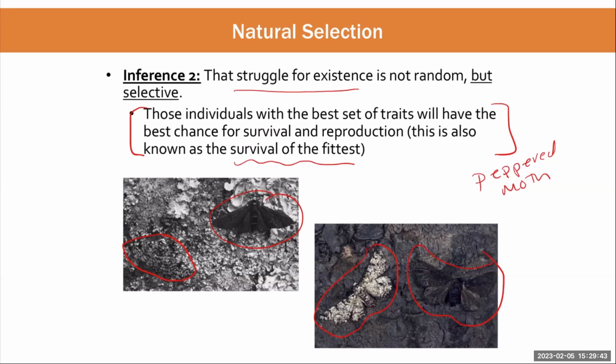And a naturalist at the time noted that he had caught this black morph, which at that time had been very rare. So most of the population was this lighter colored morph, which constituted something like 98% of the population.